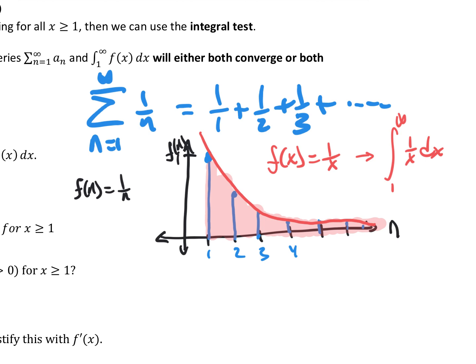So this 1 over x is a continuous function, whereas the sequence a sub n equal to 1 over n is discrete. So these values only occur at 1, 2, 3, 4, 5, so on and so forth. So we can compare the continuous version of this, which is all of this shaded area.